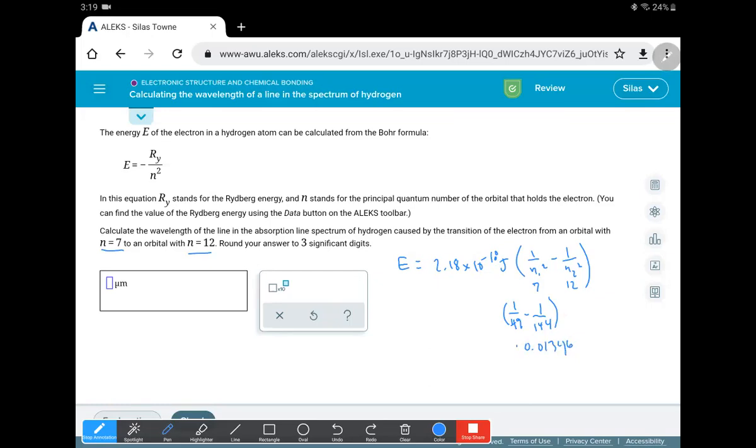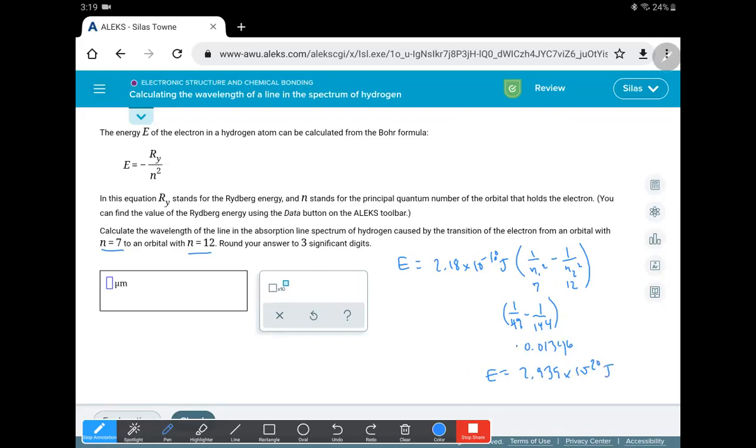Now I'm going to multiply that by the 2.18. I'm going to use my EE button, negative 18. So I get my energy is equal to 2.935 times 10 to the negative 20th joules.